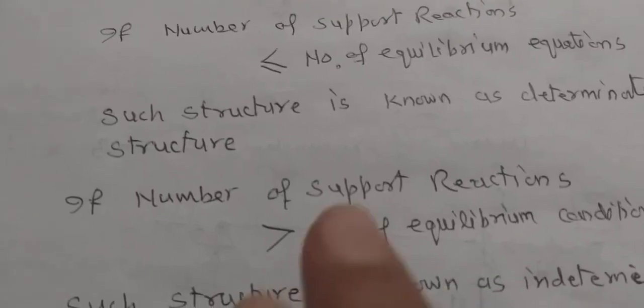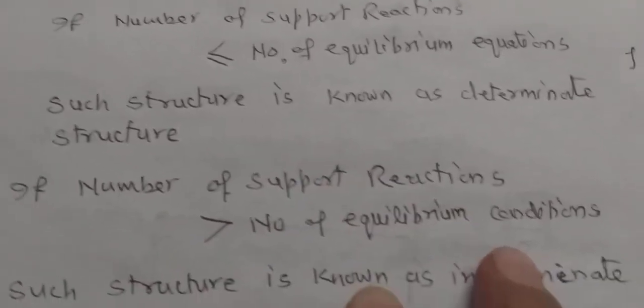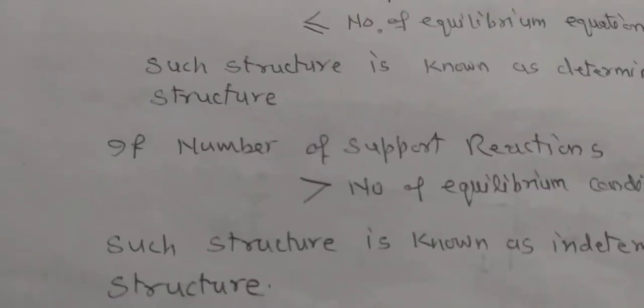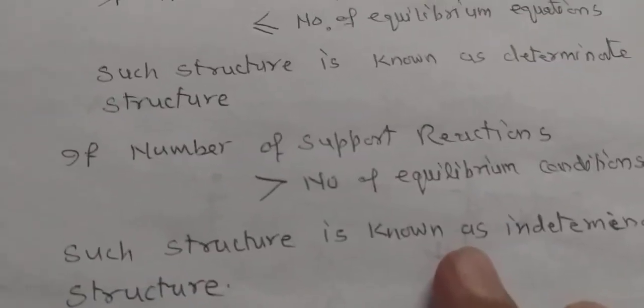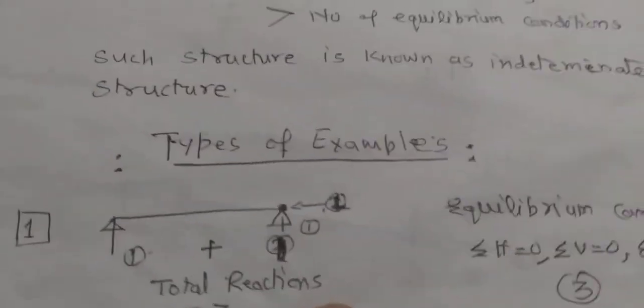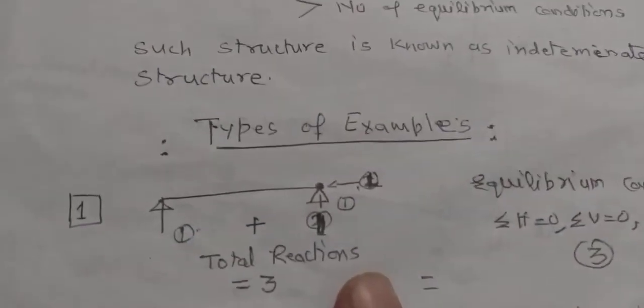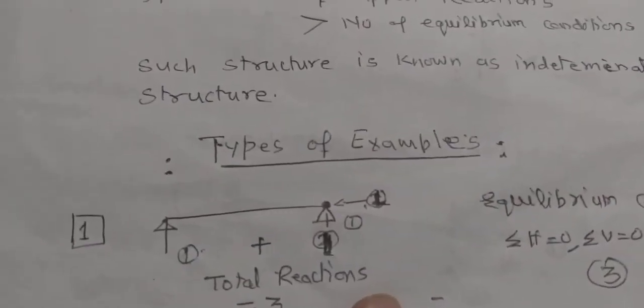If number of support reactions are greater than number of equilibrium conditions, then such structure is known as indeterminate structure. Now we'll take some examples and we'll see whether it is a determinate structure or indeterminate structure.